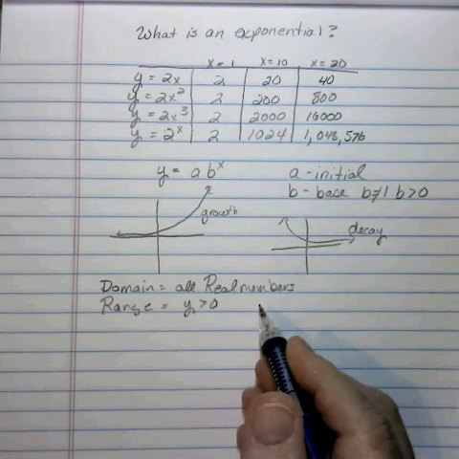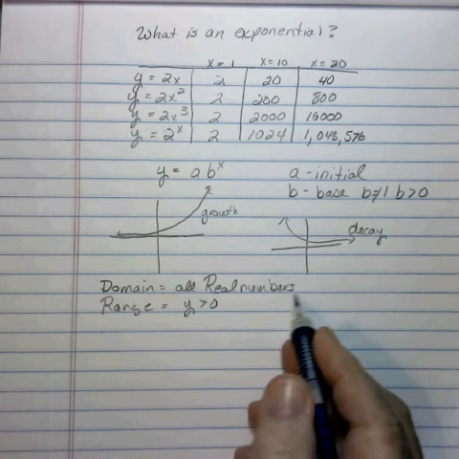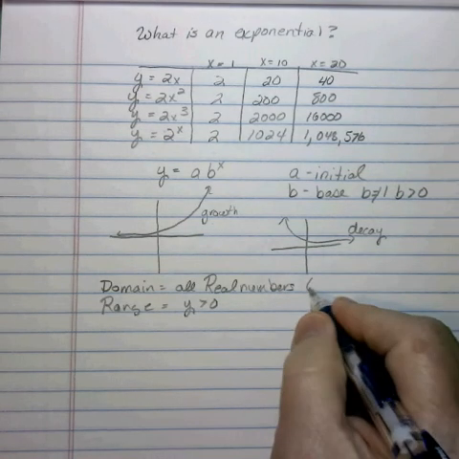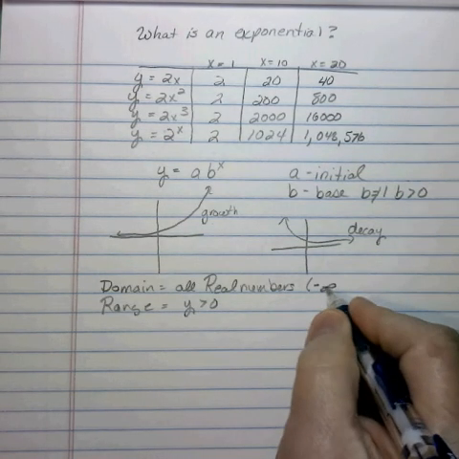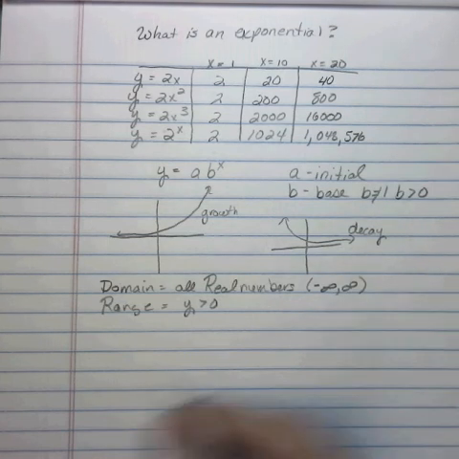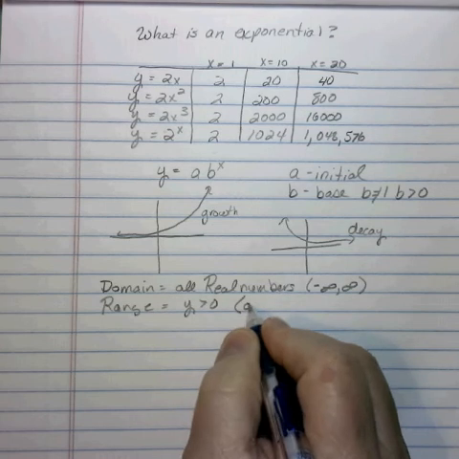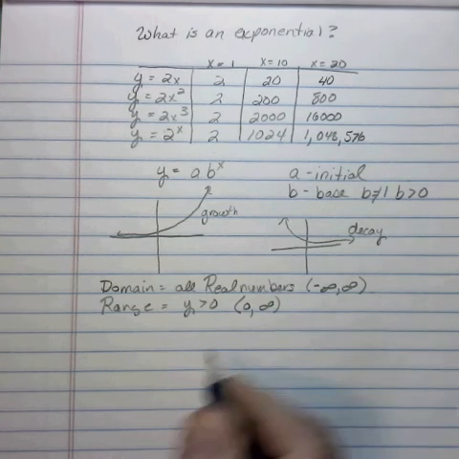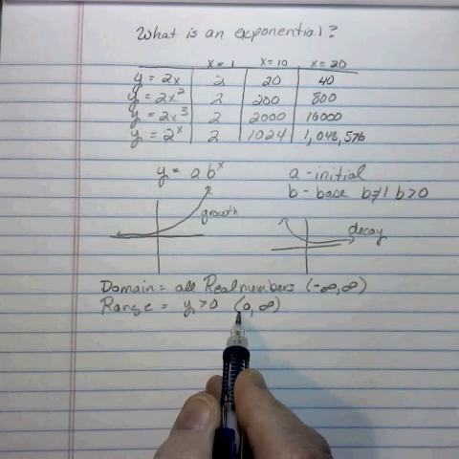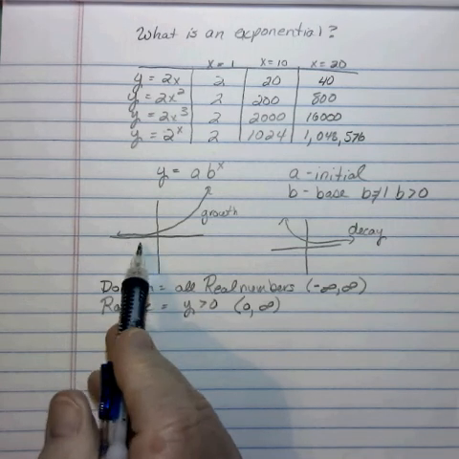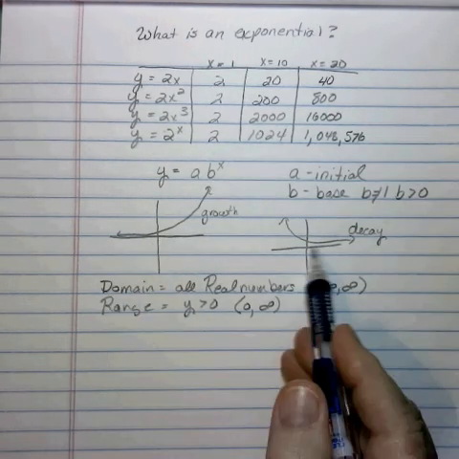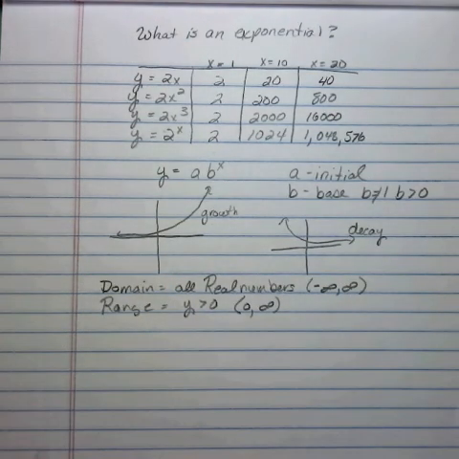Now let's just refresh our memory a little bit. If we were writing this in interval notation, that would be negative infinity to positive infinity. The range here would be from 0 to positive infinity. It is not equal to 0. Notice it gets very close to the x-axis but does not touch the x-axis.